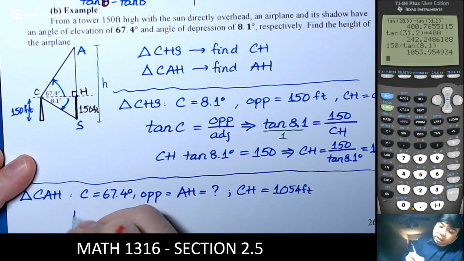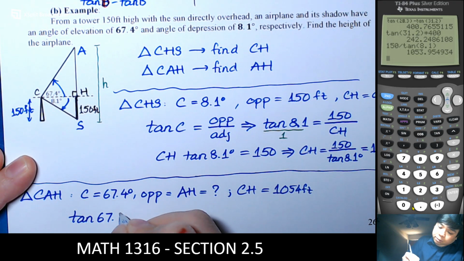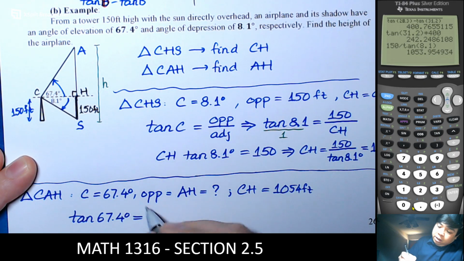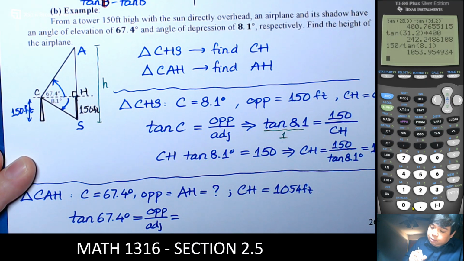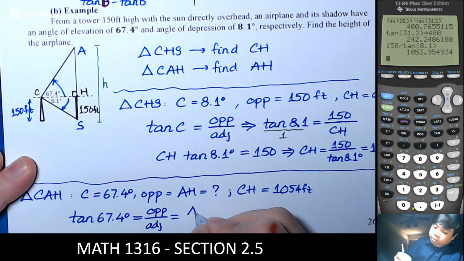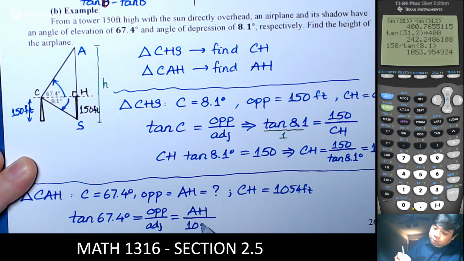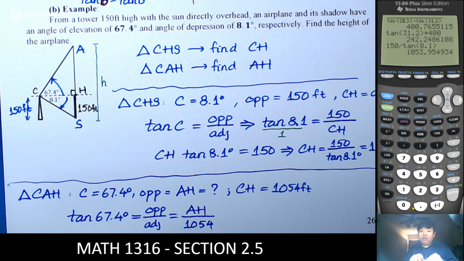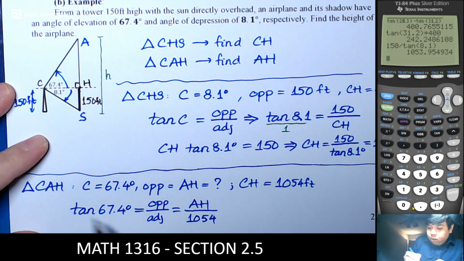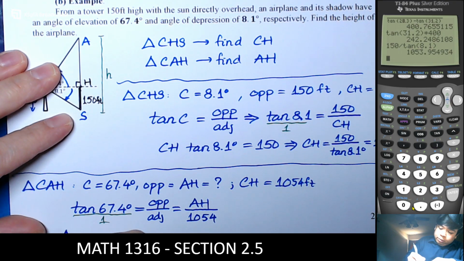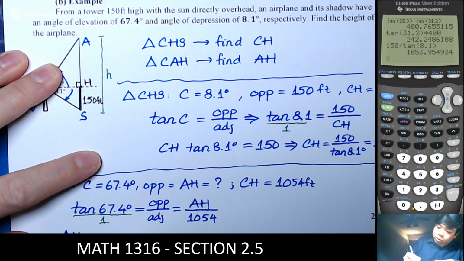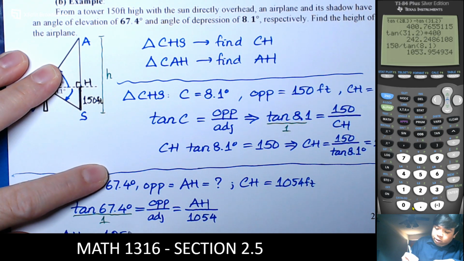Again, that is tangent. Tangent is opposite over adjacent. Opposite, don't know. Adjacent, CH. Now we just cross multiply and we have AH equal to 1054 times tangent of 67.4 degrees.